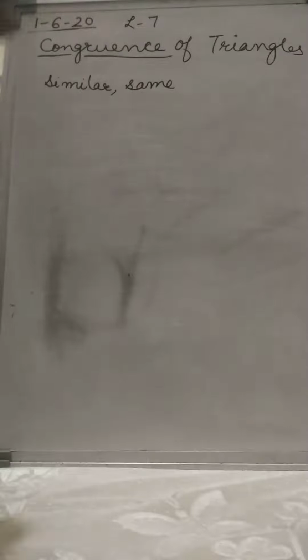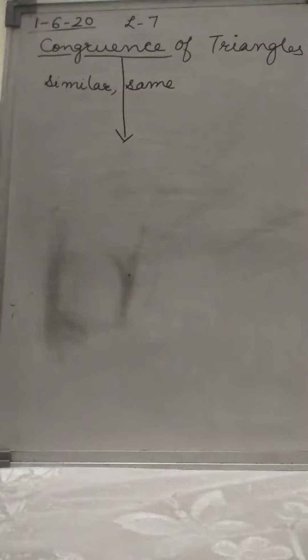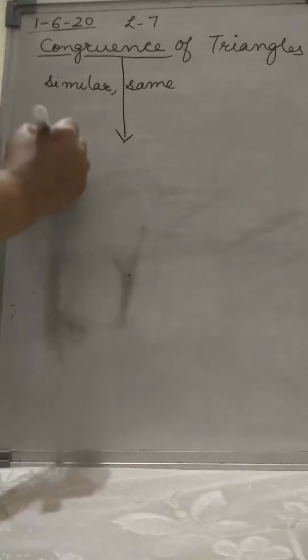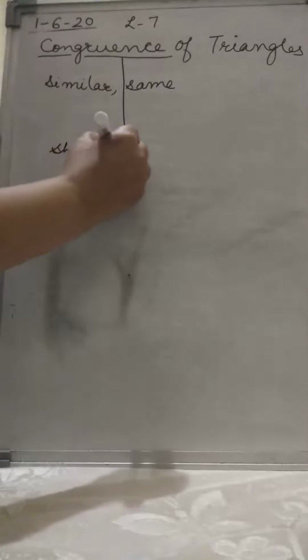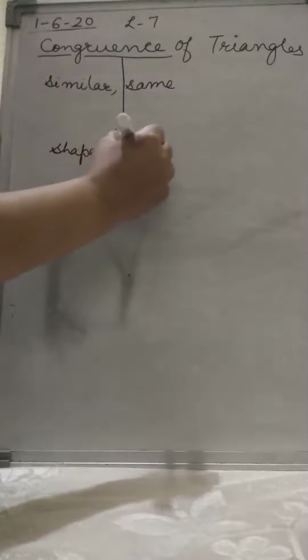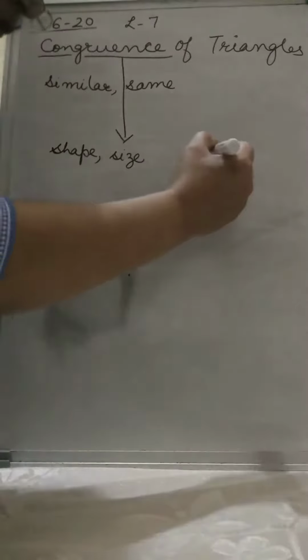But when we talk about congruence, the thing has to be the same in all respects. That is its shape, its size. The meaning is that when we keep those two things upon one another, they look like one.